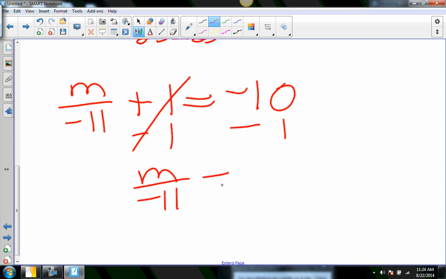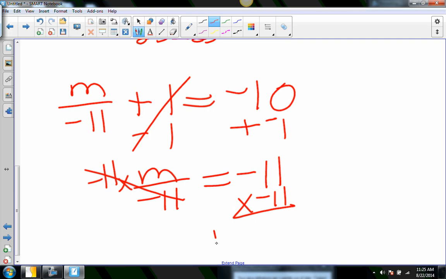Be careful here, though, because I already have a negative 10. Remember those adding and subtracting rules. I'm going to plus a negative. So negative 10 plus a negative 1 is negative 11. So m divided by negative 11, the opposite of divide is multiply by negative 11. So my answer is m equals 121.